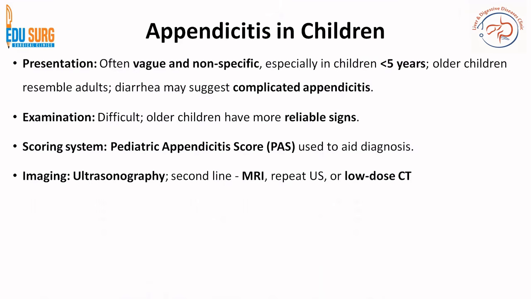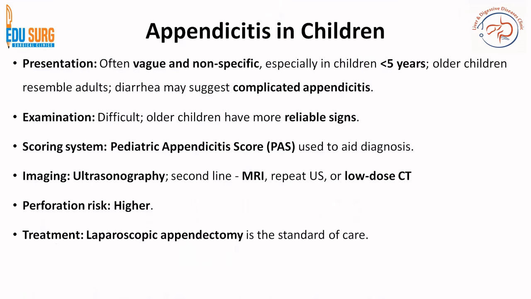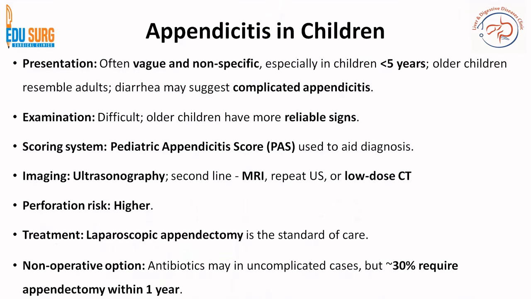Second line is MRI or a repeat ultrasound or a low dose CT, that is, low IV contrast dose CT scan. Remember that in children, the risk of perforation is higher. Treatment is laparoscopic appendicectomy.